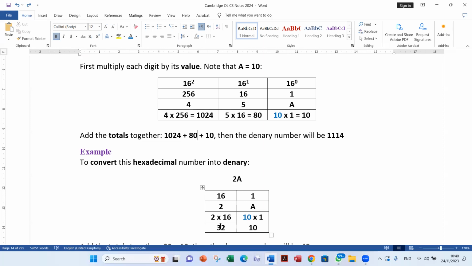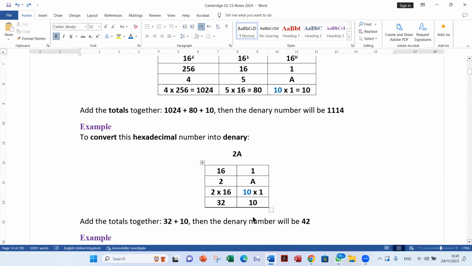The 2 is 2 and the A is 10. Okay, you put weights 1, 16 above the 2 and A. So 16 by 2 is 32 plus A, 10 multiplied by 1, so it is 32 plus 10, and it is just 42.